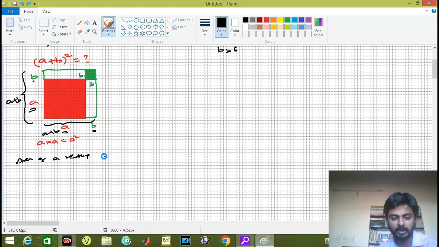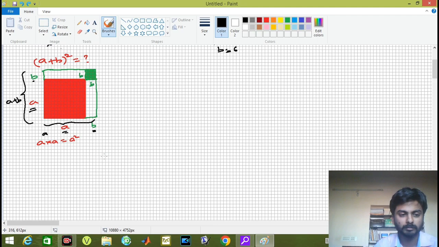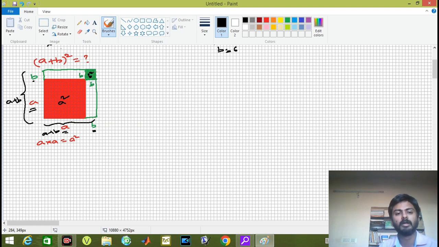So here you are having a square and here you are having b square. Now you are having two rectangles. Am I right? This is a rectangle and this is a rectangle.